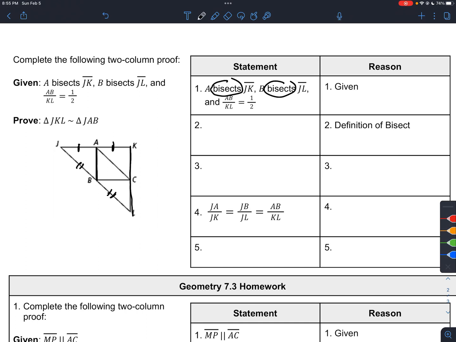So I think one way we can get use of this, and I'm looking over here too, maybe if I wrote out what bisect meant using 1/2, so like JA is 1/2 JK, the part is half the whole, and also JB is 1/2 JL.